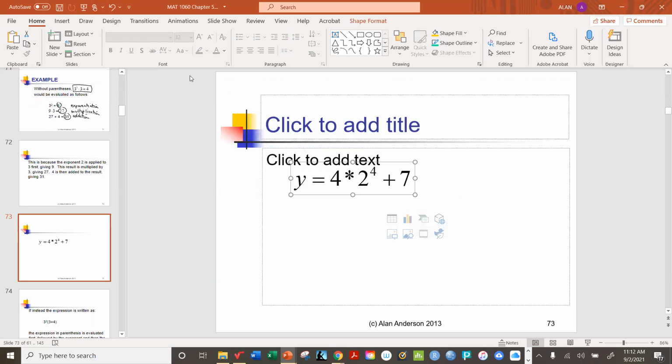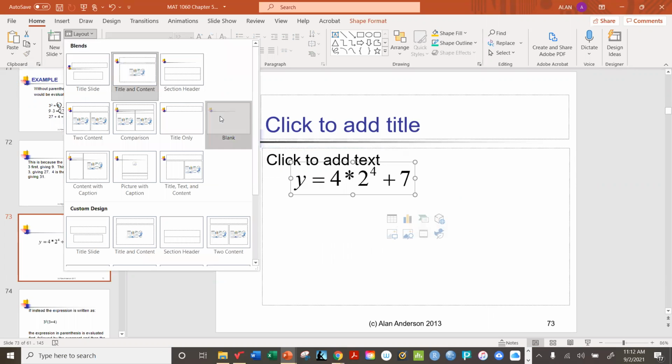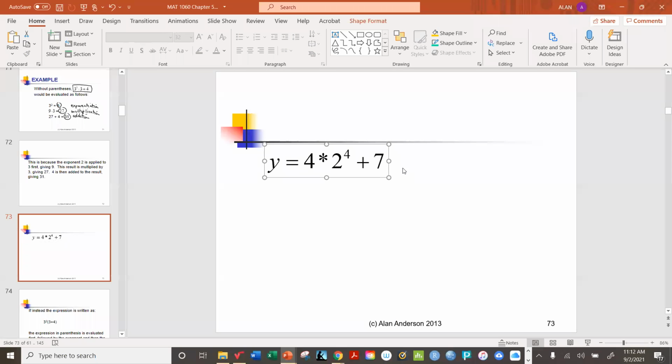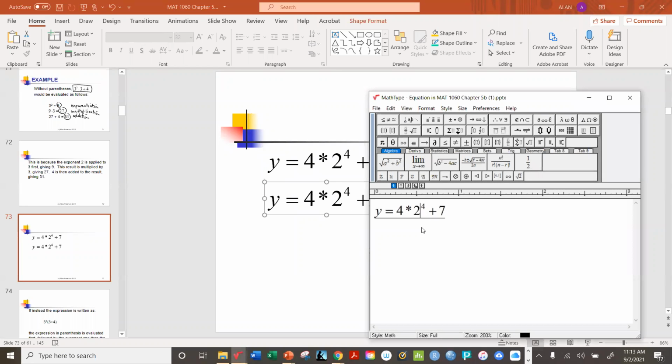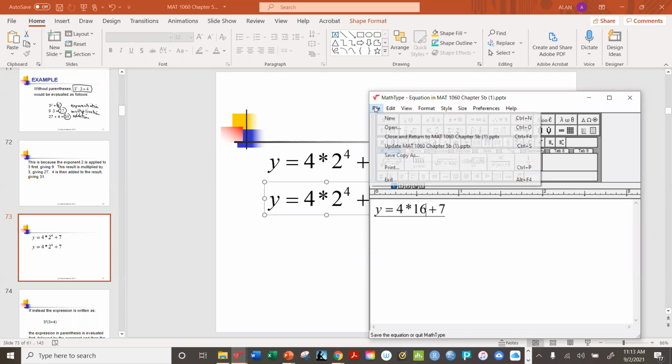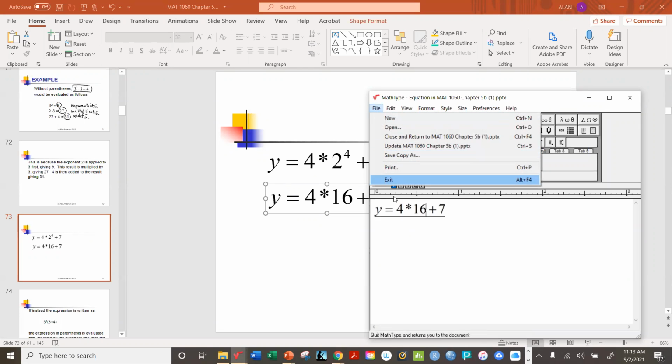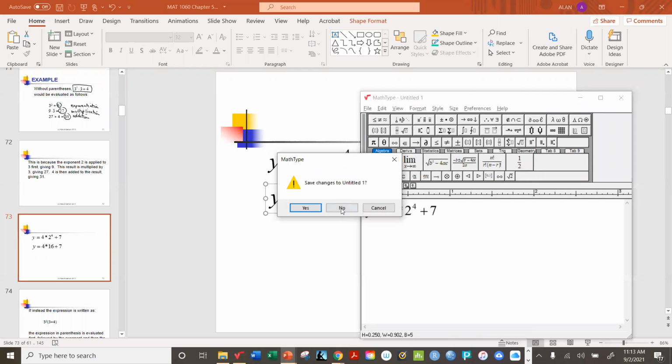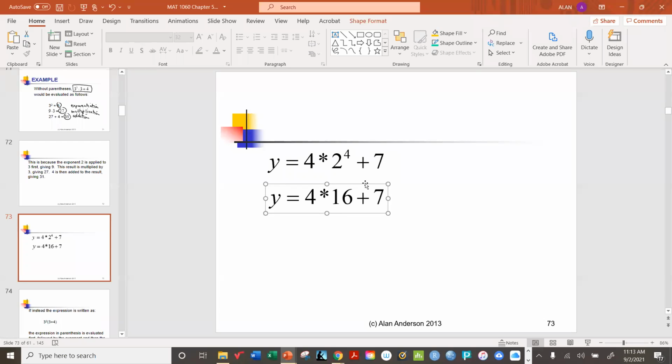So what should we do first? The exponents. Yes. Now it turns out that 2 to the 4th is 16, so I'm going to replace this with 16. And now what do you suppose comes next? 4 times 16, right?